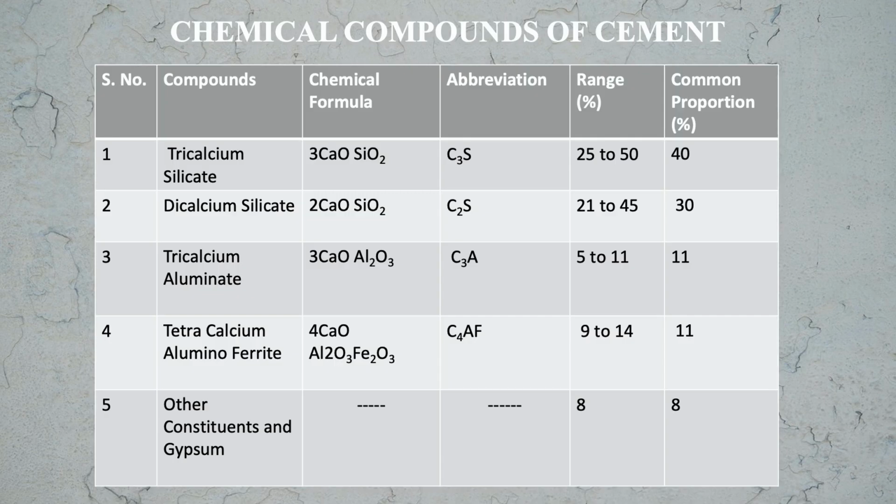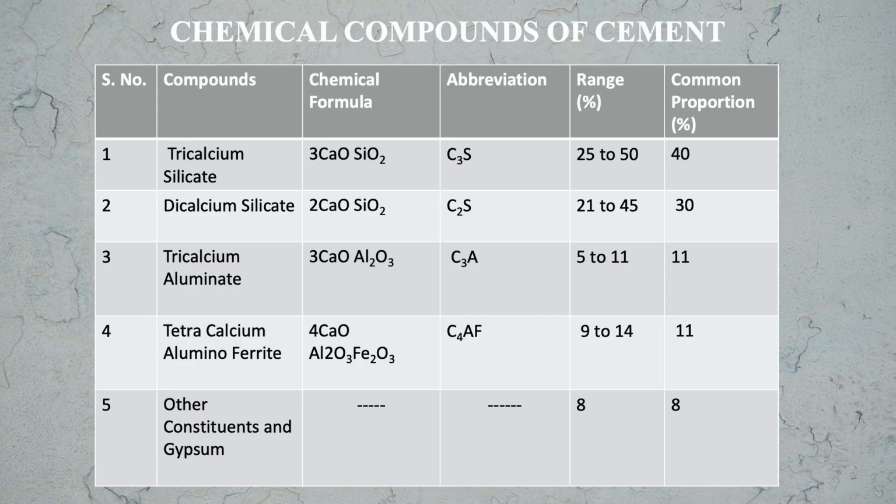These compounds are tricalcium silicate, 3CaO.SiO2, abbreviation generally we use C3S, and range in percentage is 25 to 50, but commonly its proportion is 40% present in the cement.